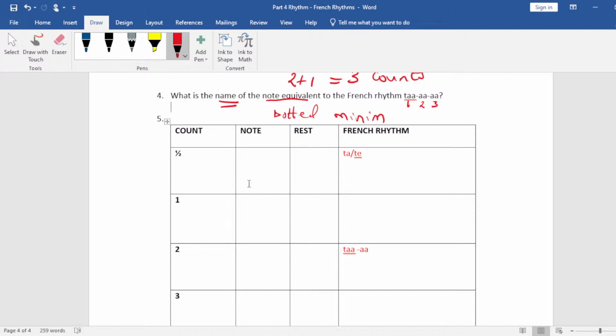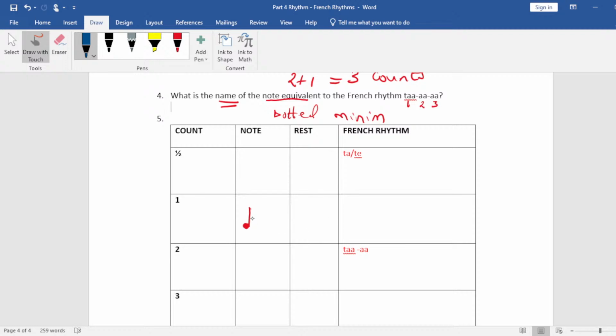So they could either give you the count and French rhythm alone, or French rhythms and rests, or rests and notes. So you could either be asked to write the note names or rest names or their equivalent French rhythms. For example, here you could have this drawn. Then they ask you to write the equivalent French rhythm.